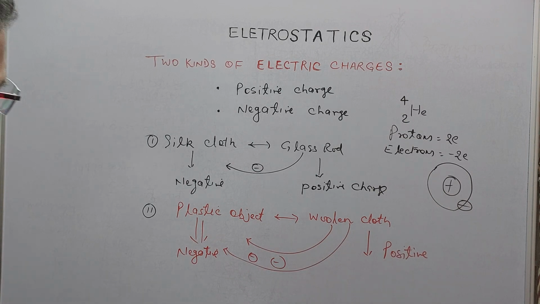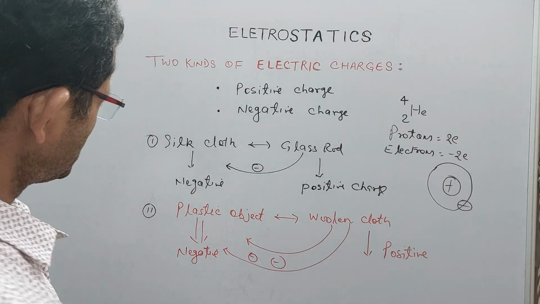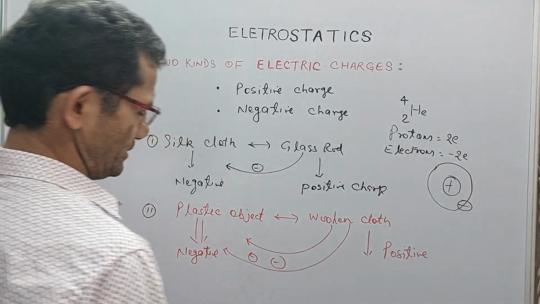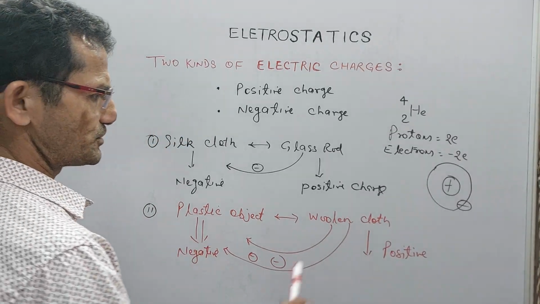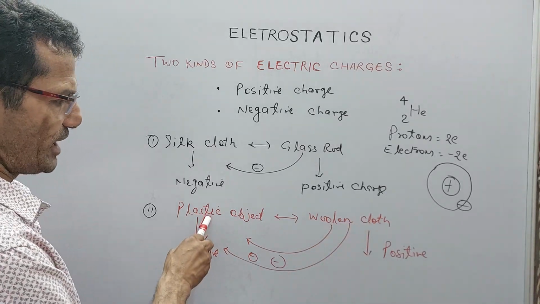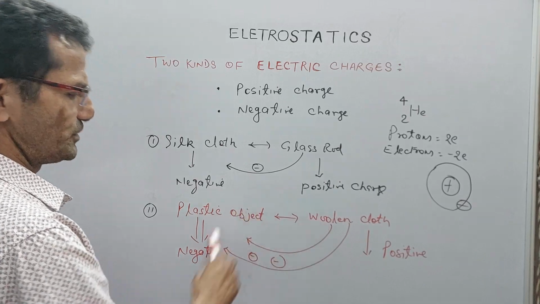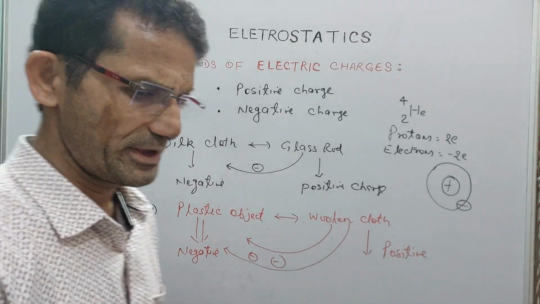By rubbing, only electrons are transferred, from the woolen cloth to the plastic. Why is it not possible to transfer electrons the other way? Let us discuss that in the next topic.